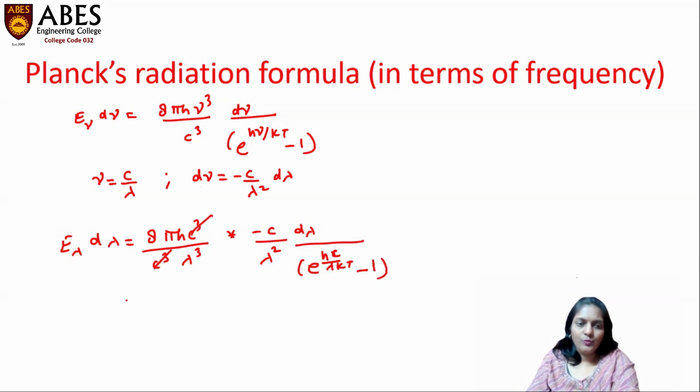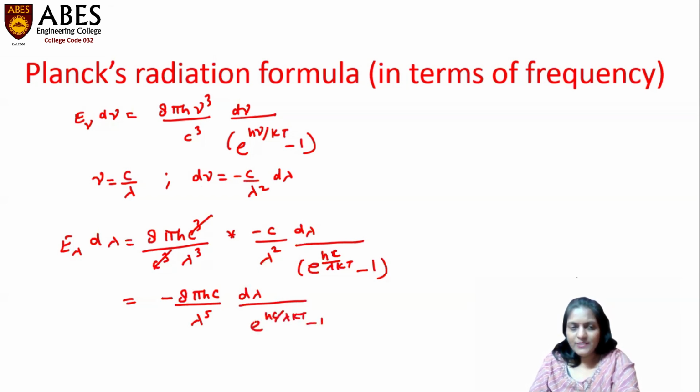The c cube cancels out, minus 8 pi h c upon lambda to the power 5 d lambda upon e raised to the power hc upon lambda kT minus 1.